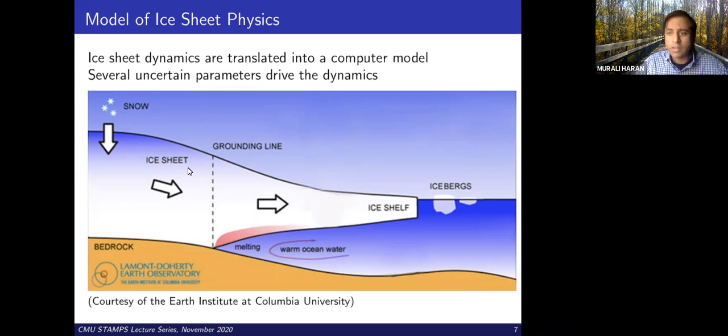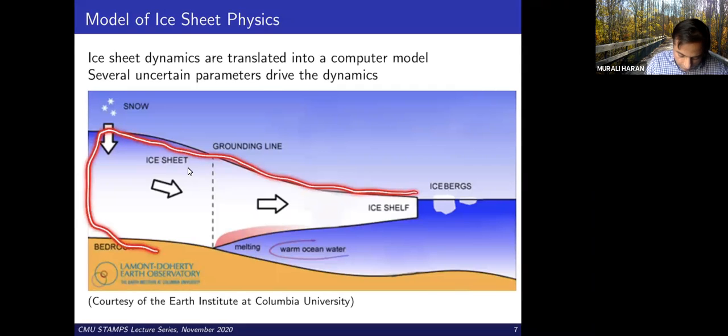The ice sheet dynamics are essentially a system of PDEs that end up being translated into computer code, and they're complex enough that you can't ever hope to get any analytical grip on this model. So your only hope of studying it is by simulating from it. There are several uncertain parameters that drive the dynamics, and I will talk about that in a minute. But from this cartoon, you can see some of the actors on this ice sheet. This thing that's all white.